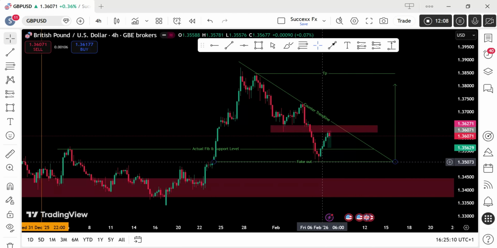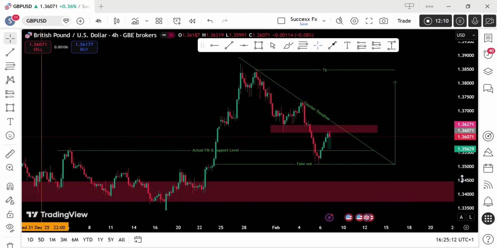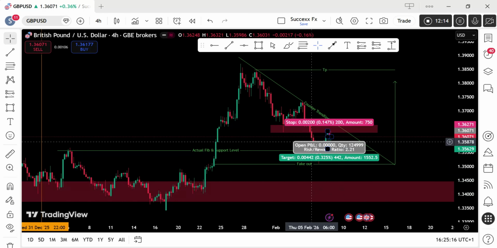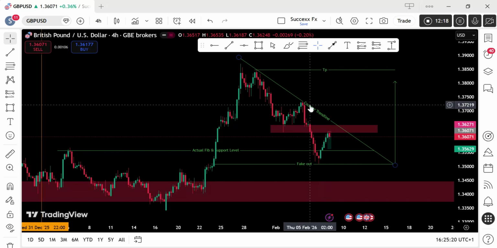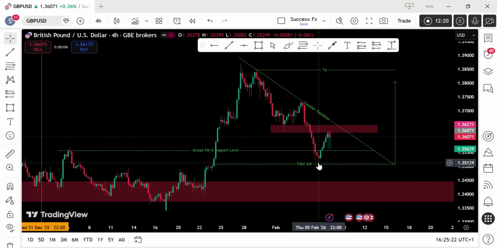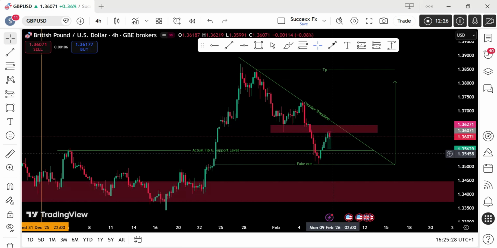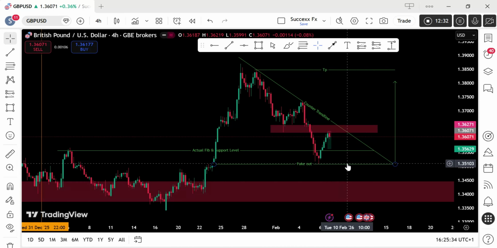So that's why it's always very good that you do your analysis from the higher time frame to the lower time frame, so that you can have a clear understanding of what is happening, because the lower time frame does not really give you the information that you need to understand the direction of the market. The lower time frame is basically for entries, while the higher time frames give you clear direction.